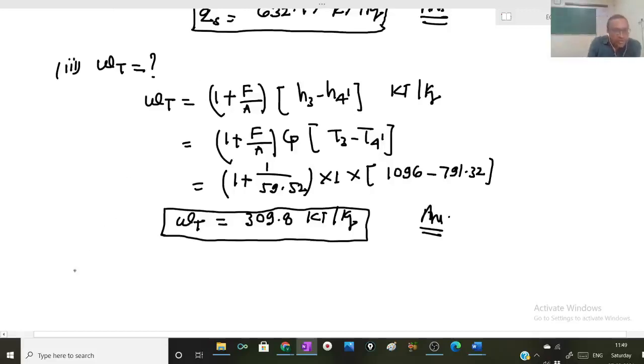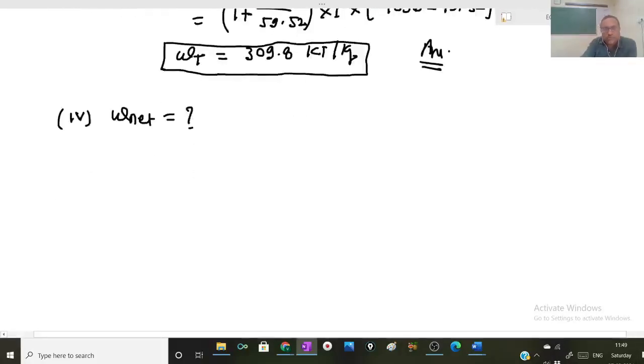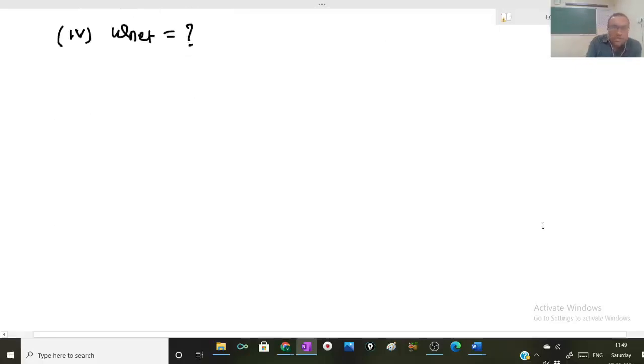Now point number 4, net work output. We know net work output from a gas turbine cycle is WT minus WC in kilojoule per kg.